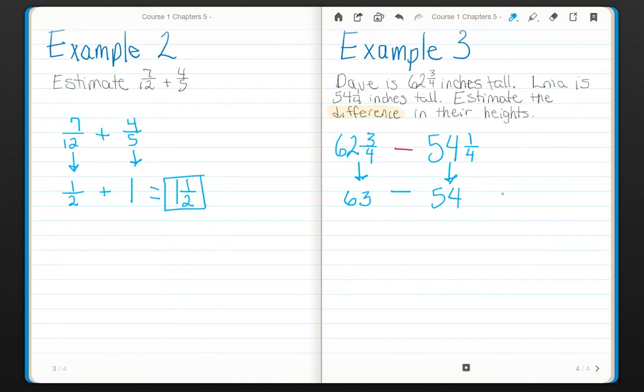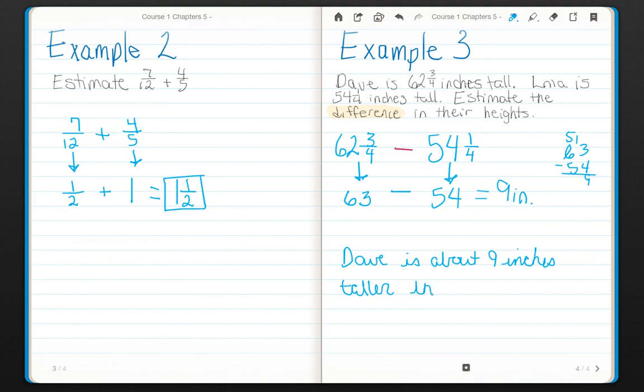Okay, so 63 minus 54 is 9 inches. So Dave is about 9 inches taller than Lena.